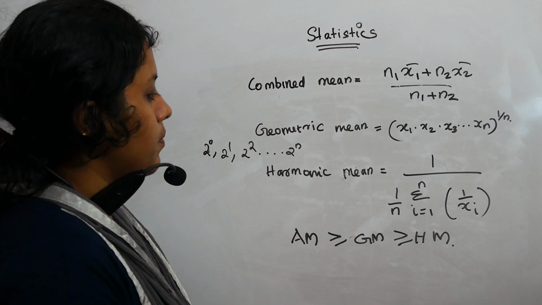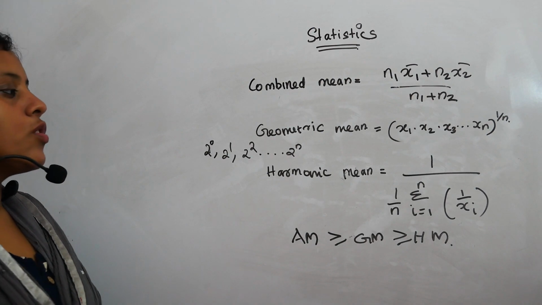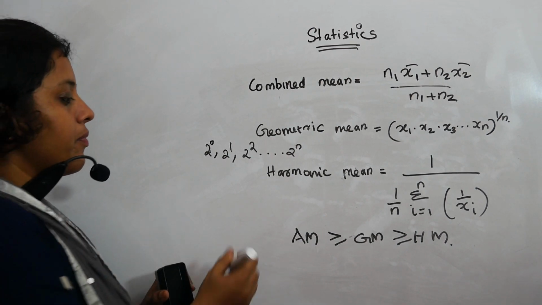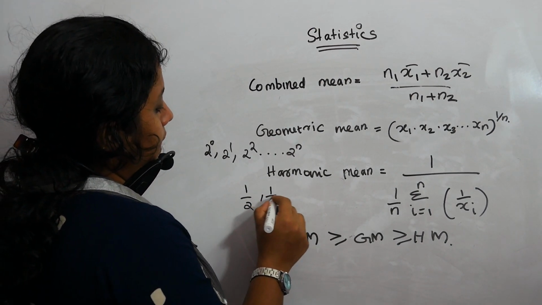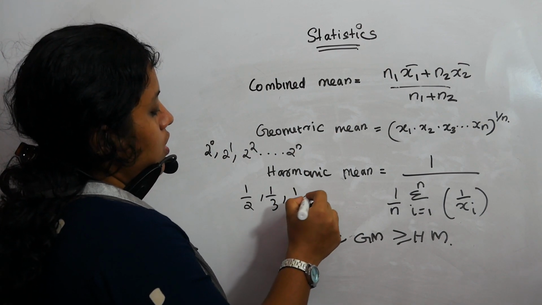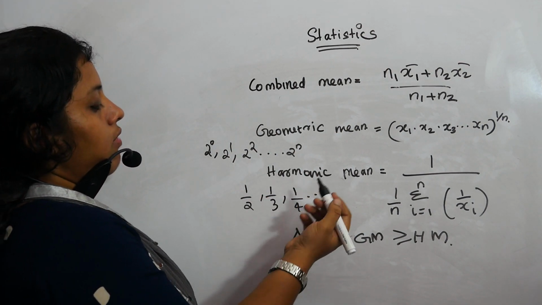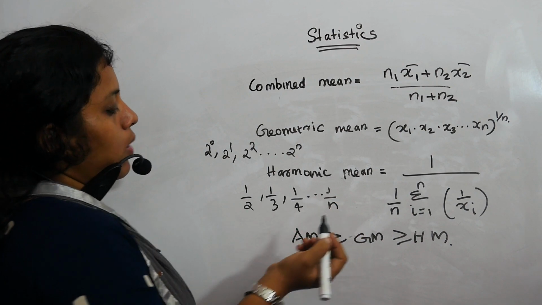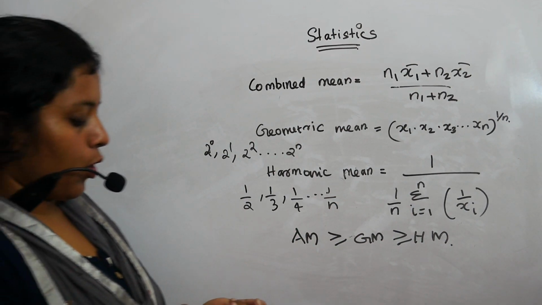Next is harmonic mean. What is harmonic mean? You'll have a harmonic progression like 1 by 2, 1 by 3, 1 by 4, up to 1 by n. This is a harmonic progression.